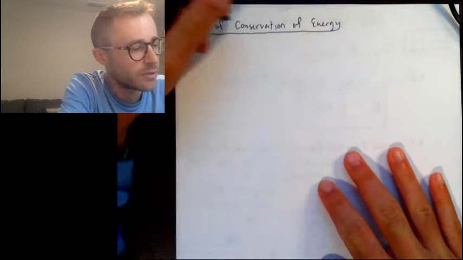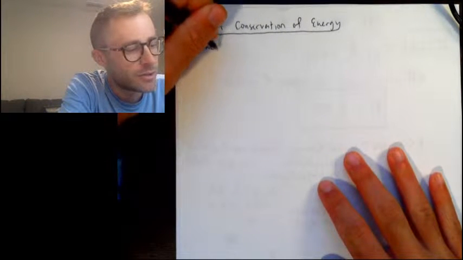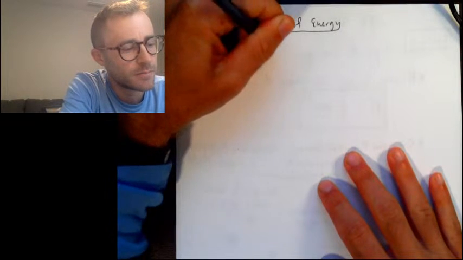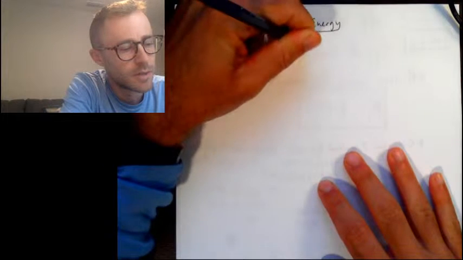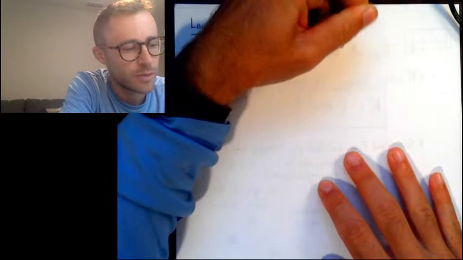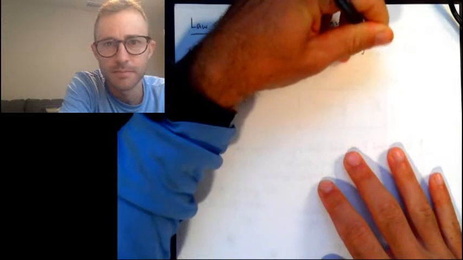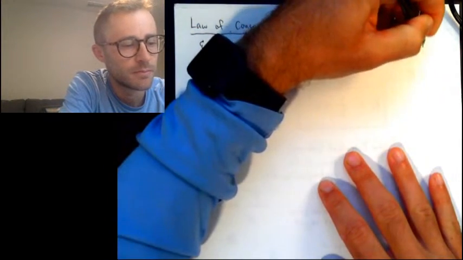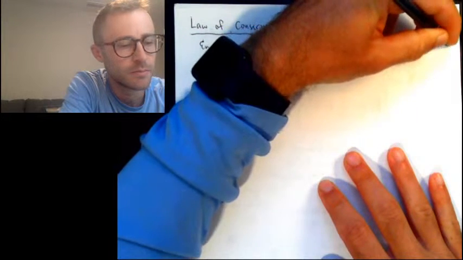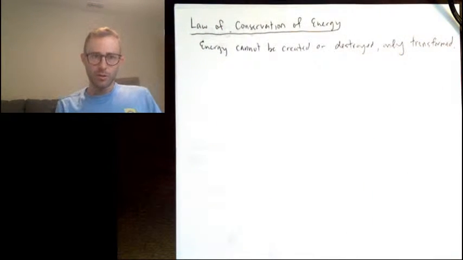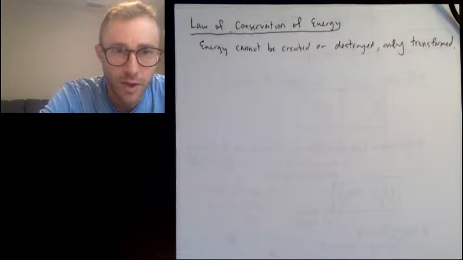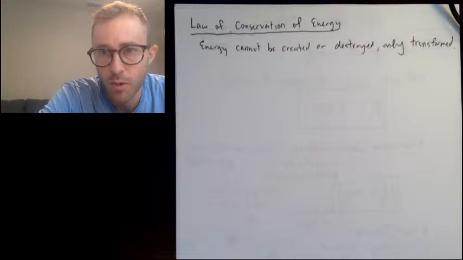What it says is that energy cannot be created or destroyed, only transformed. So the total amount of energy in the universe is staying the same. But energy is transforming from one form to the other.